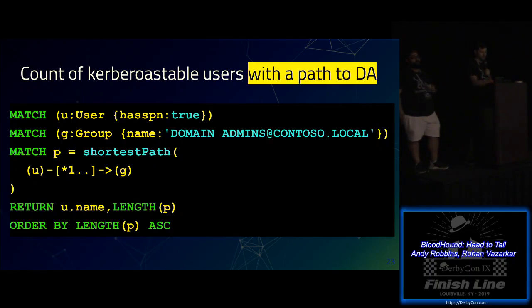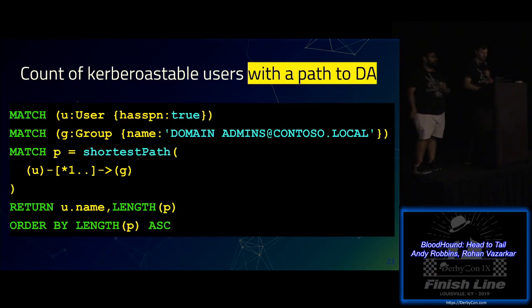What else can we do? We can limit our search result to just the Kerberosable users that have a path to DA, or a path to enterprise admin, or a path to a domain controller, or a path to whatever you want. And so the way we do that is, again, we match any user that has an SPN. Then we match the domain admins group in the Contoso domain and apply that to the variable lowercase g.